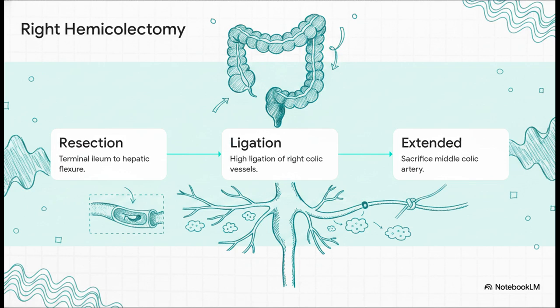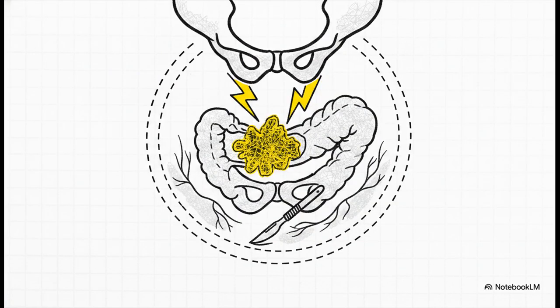Now, you only step up to an extended right hemicolectomy, which sacrifices the middle colic artery, if the tumor is further along in the transverse or splenic flexure. Speaking of location, what about rectal cancer? Down in the narrow confines of the bony pelvis, rectal cancer carries a uniquely high local recurrence trap. This completely changes our management, mandating a multimodal approach.